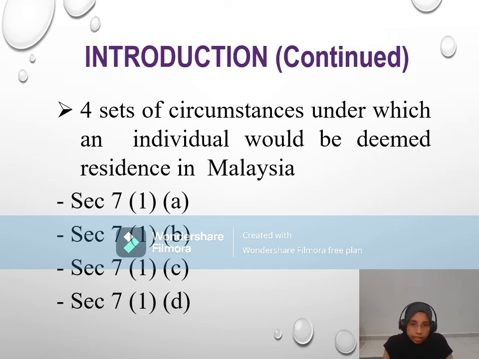This section is very important to know how to decide whether an individual is resident or non-resident, so we will go one by one through this section and subsections.